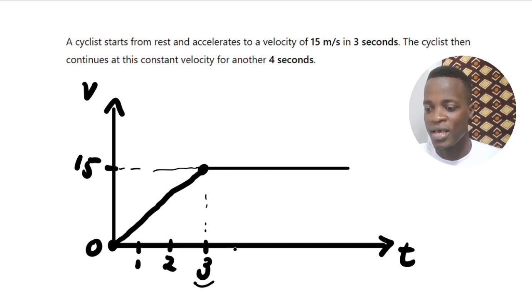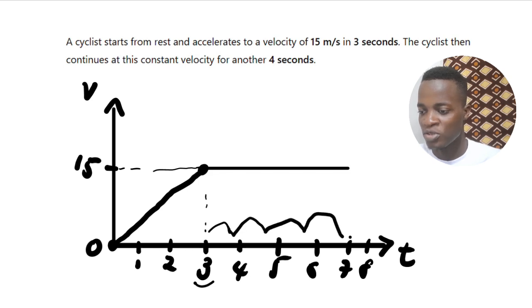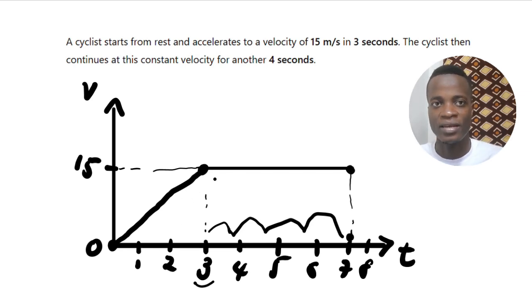So we are going 3, another 4, so that will be 4, 5, 6, 7. So we are stopping here for the distance. Because of the word 'then', we are not going to restart, but we start from that point and maintain a constant velocity.